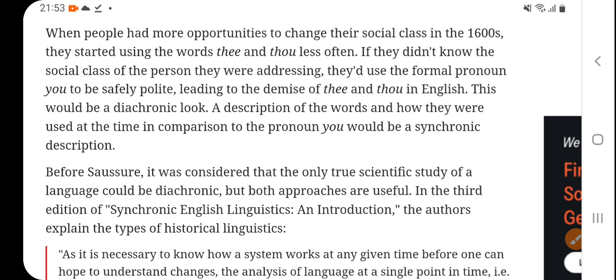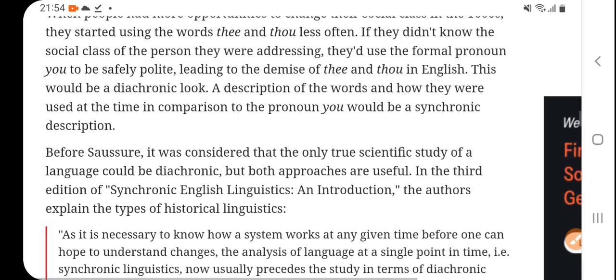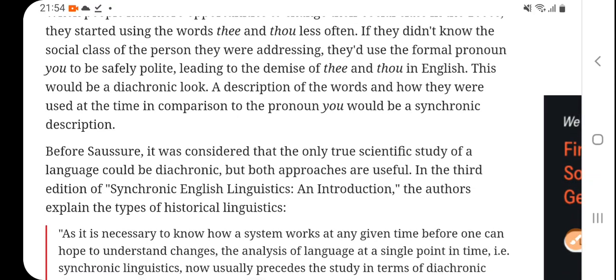They used thee and thou for you and your. If they did not know the social class of the person they were addressing, they would have used the formal pronoun you to be safely polite.